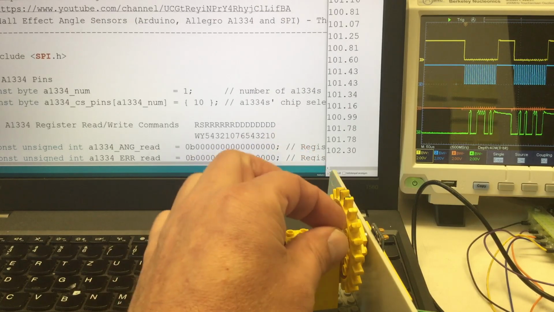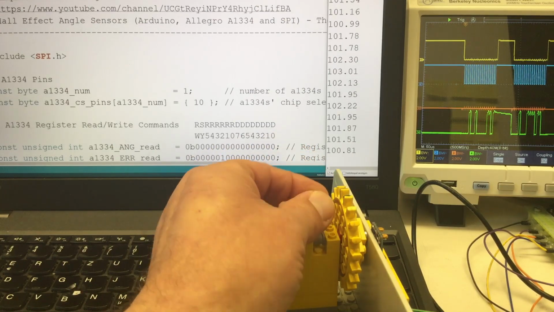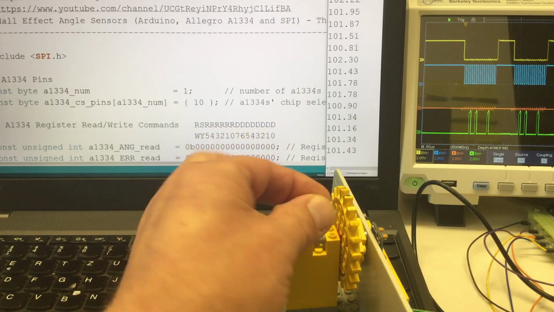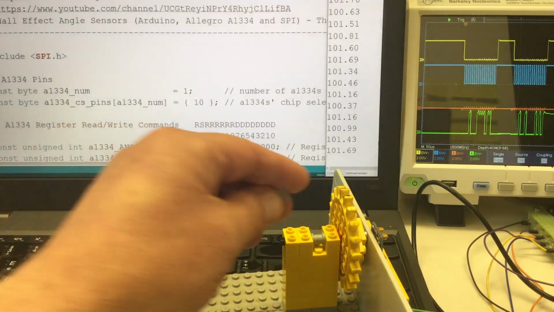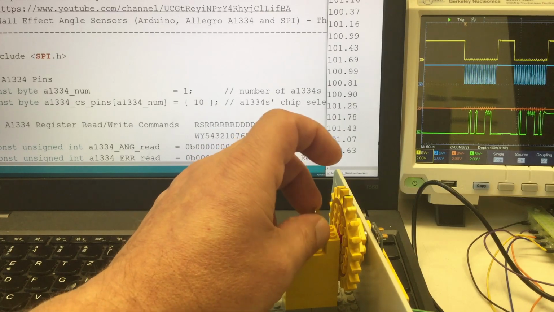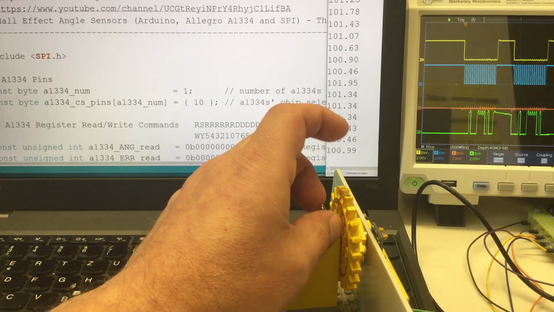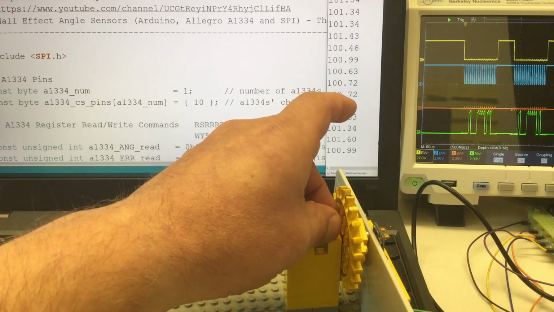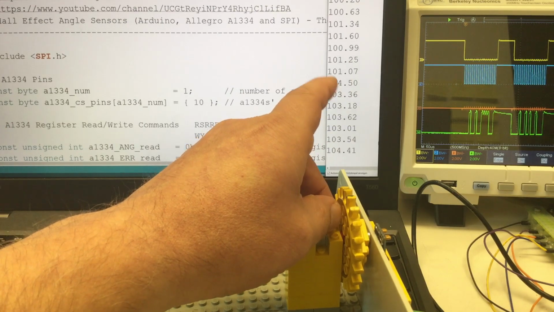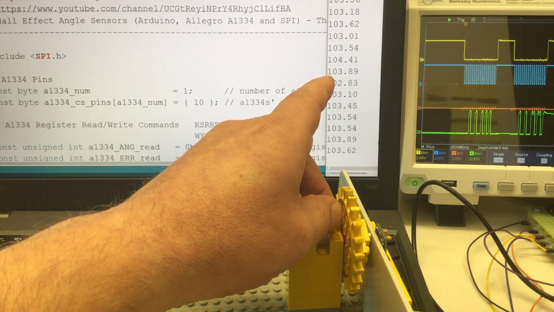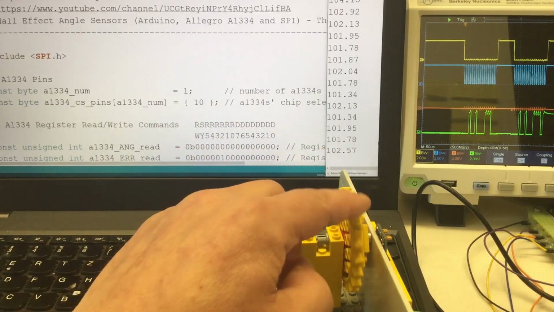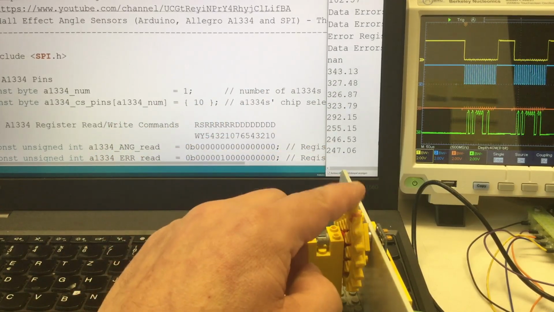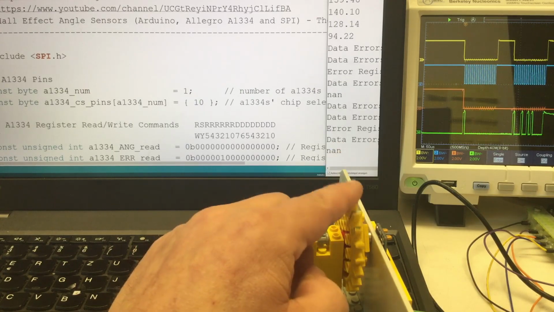So crosstalk from other magnetic sources, or changing magnetic sources to be exact, is really something you have to consider when doing, come on, can I get some crosstalk? 103 degrees, 104. If you design such a solution with a Hall effect angle sensor.